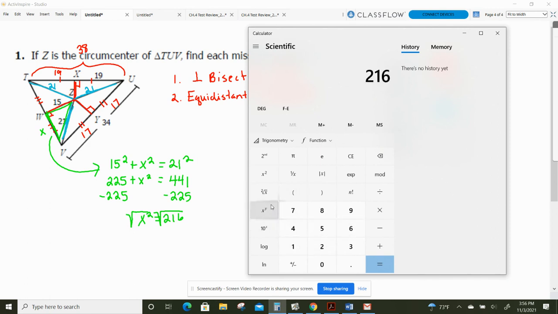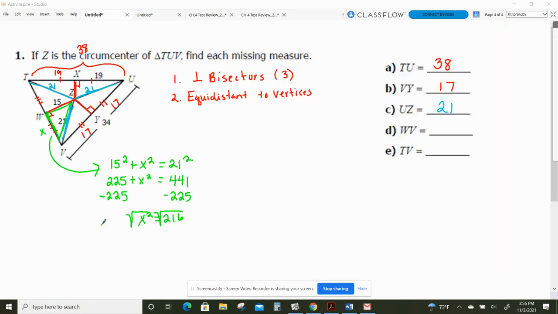The square root of 216 is 14.7 if we round to the nearest tenth. So if this is 14.7, I have WV, and then TV would be that times 2. 14.7 plus 14.7, which will be 29.4.